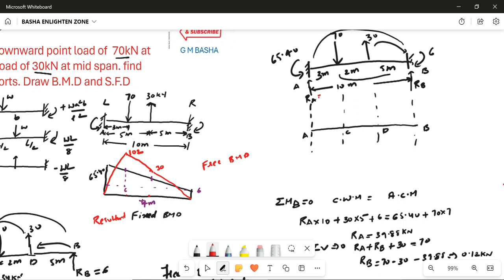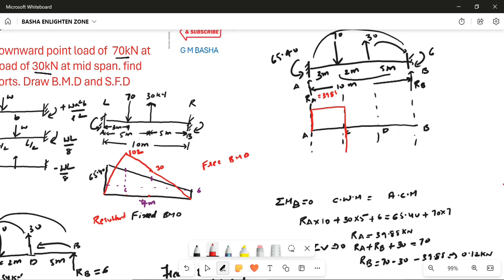RA will be 39.88, which is acting upwards. So I am taking from here some 39 upwards like this. Again from here to here there is no load acting, therefore I am taking a straight line. And again from here there is a drop, where a downward load is acting, that is 70 kilonewtons.